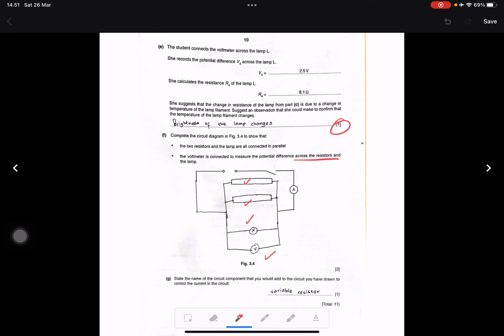Okay, then G. State the name of the circuit component that you would add to the circuit you have drawn to control the current of the circuit. Variable resistor. Yes, correct. Good.